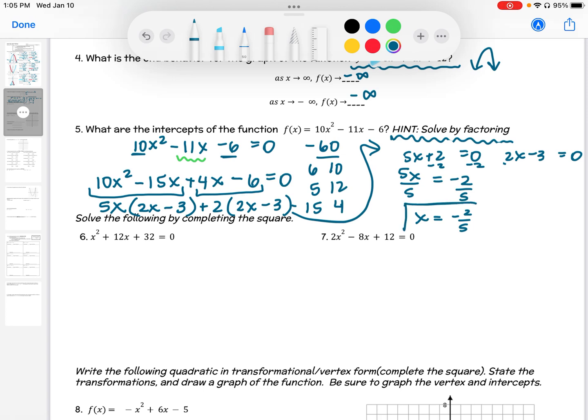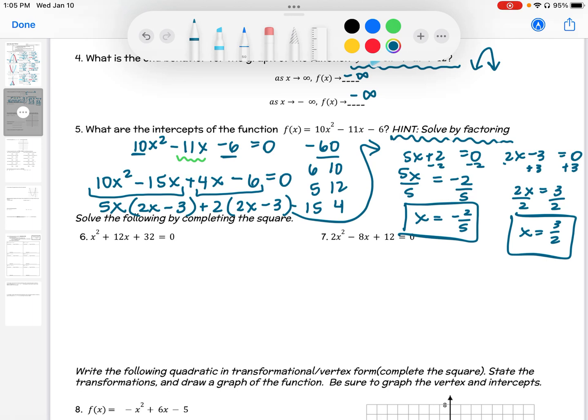So that's one solution. And then our other one, we're going to add 3 to both sides. We have 2x equals 3, and then divide both sides by 2, we get x equals 3 over 2. So those are our x-intercepts.